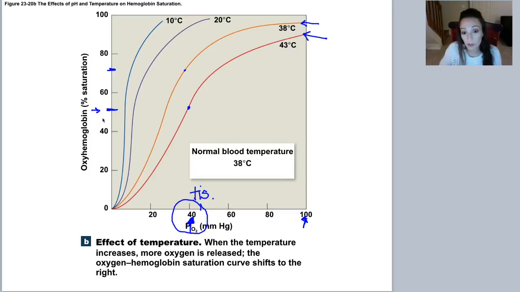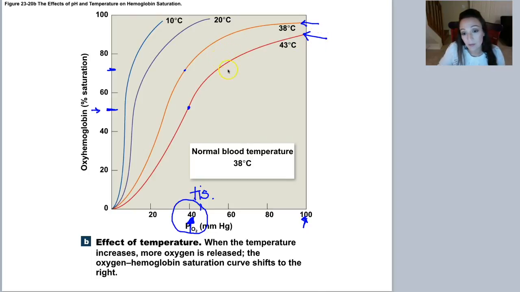So in a warmer tissue, like let's say we're exercising and our muscles are heating up, and so we're producing a lot of heat in this area. So when the blood circulates into this area, it warms up, and the hemoglobin now releases its oxygen even easier. Okay, it releases it just a little bit quicker because we are increasing this temperature.